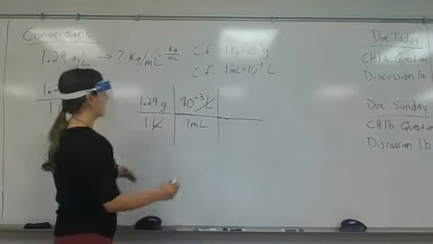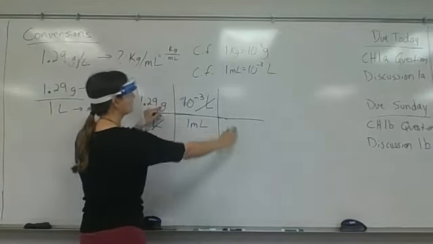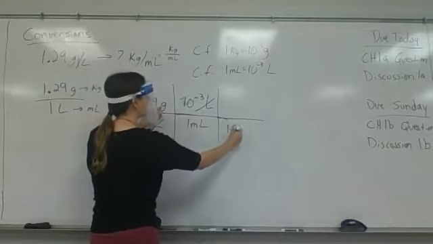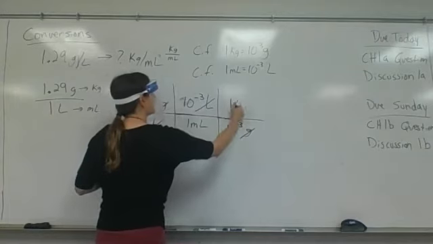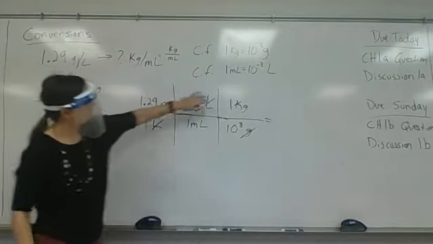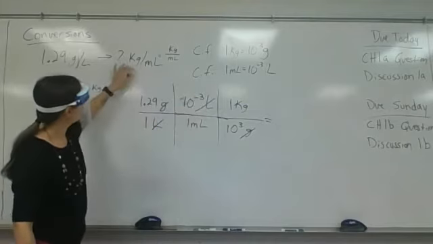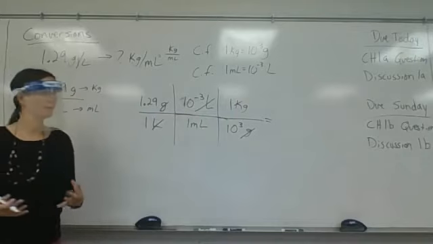Using that conversion factor, we're trying to get rid of grams, so where's the grams going to go? At the bottom in this case, on opposite sides. And then the 1 kg will go on the top. Now the only units I have left are kilograms and milliliters, and that's exactly what I want. Kilograms per milliliter. Per just means divided by.